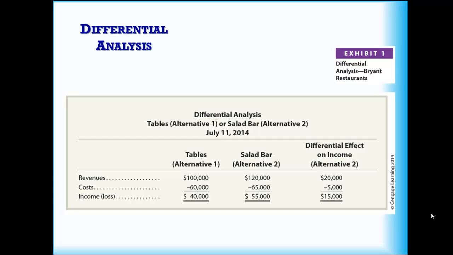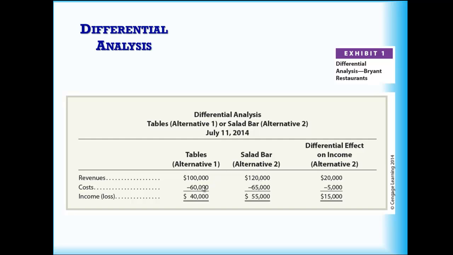This is a pretty simple example here, but let's just assume that perhaps we were considering replacing tables in a restaurant with a salad bar. There's going to be a lot of things that would be the same, but the differential effect on the revenues is going to be a $20,000 difference. So we expect we can bring in $100,000 with the tables and $120,000 of revenue with the salad bar.